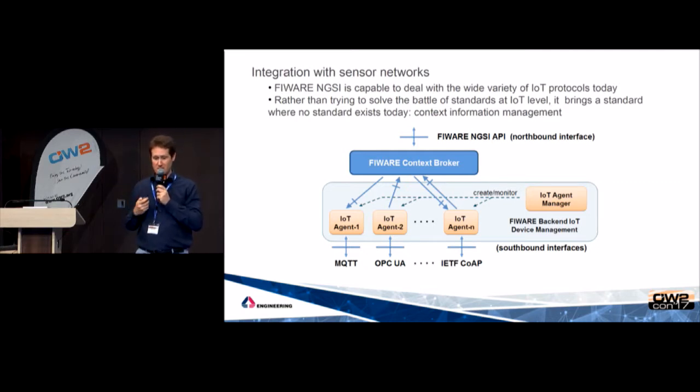And your application is forgetting completely about the IoT devices. It is just exploiting the northbound interface. So the applications are just retrieving information from the context manager, and they are also providing actions through the context manager.